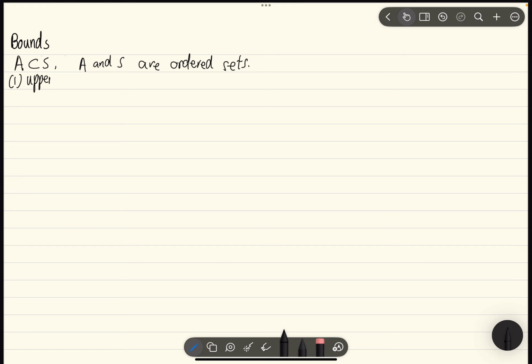For an upper bound, it exists if there exists an element b. Notice we denote this element with the lowercase letter b, not the uppercase.